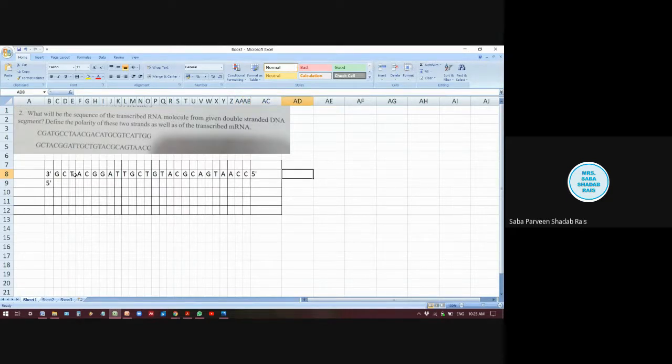Now I have written just the antisense. You will also write the sense strand also. Okay, antisense strand, or better you can write the template strand.